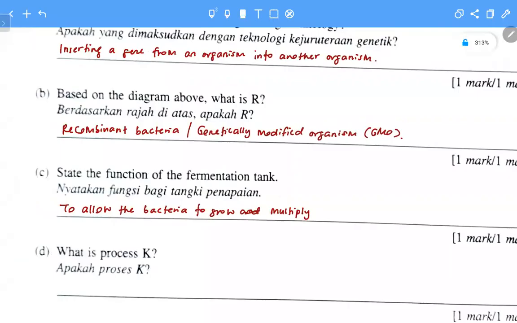So just put a comma here, I think, to grow, multiply, and to produce insulin in a large amount.